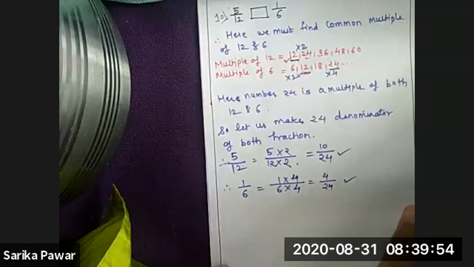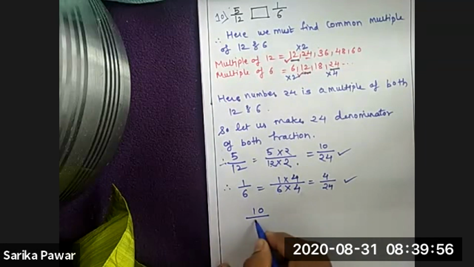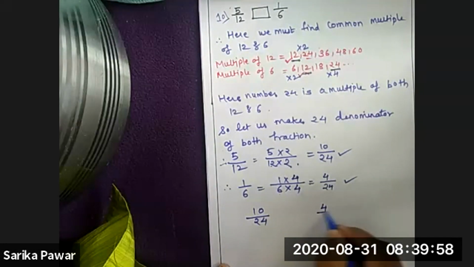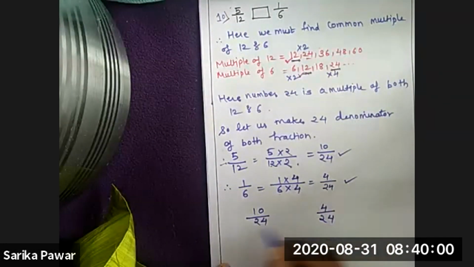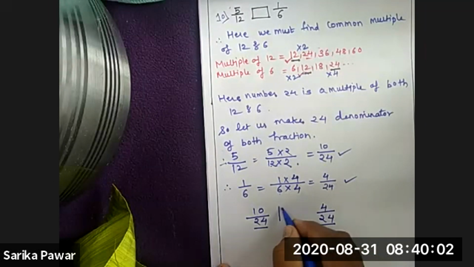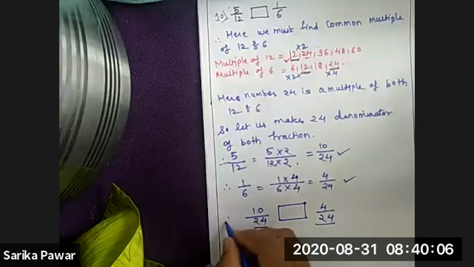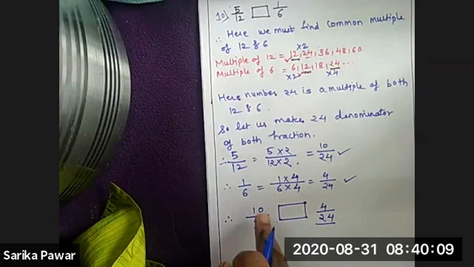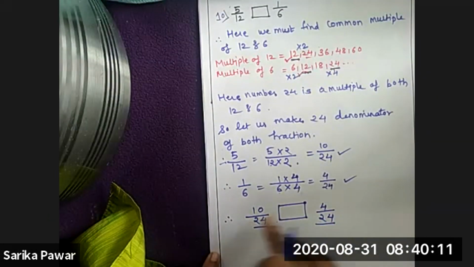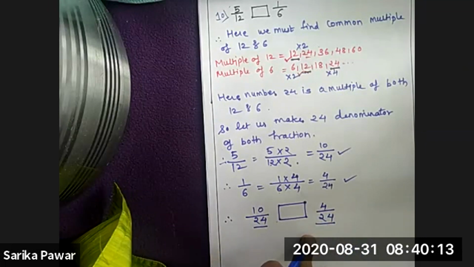What you want? 24. Now see here, 10 upon 24, 4 upon 24. If the denominator is the same, it is like fractions now. And what does the like fraction rule say? The like fraction rule says the fraction whose numerator value is greater will be greater.